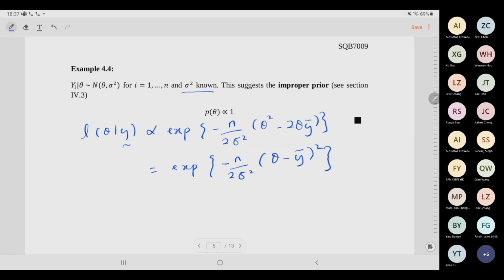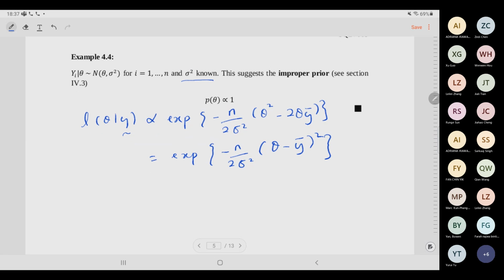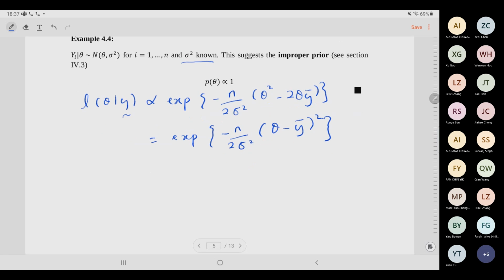If you compare it to the data translated likelihood, you compare it to that function. For a data translated likelihood, you must have a function g of theta minus t(y).